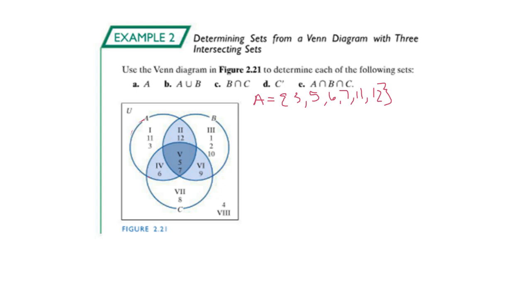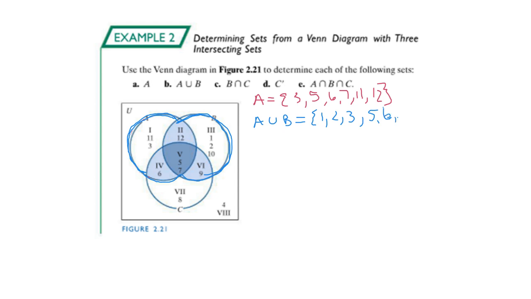For the next one, it is asking us, let me go ahead and switch colors here, make it easier to watch. We have A union B. All right, so we want to unite A and B. So I'm going to take all of A, and I'm uniting it with all of B. So everything contained in my drawing there should give me 1, 2, 3, 5, 6, 7.